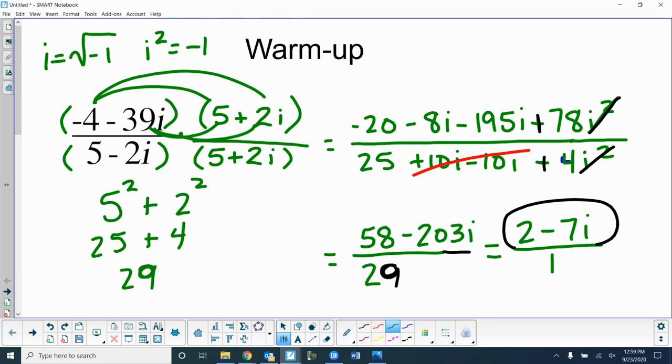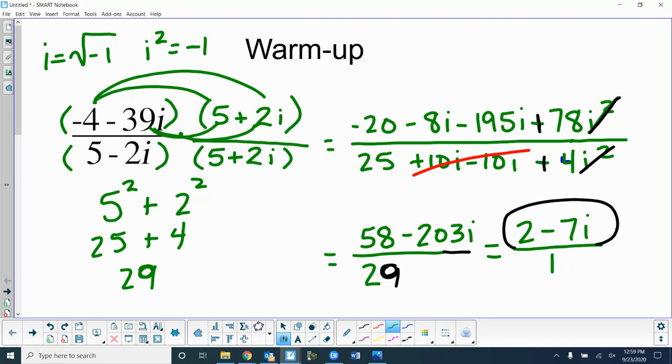So, answers to last night's assignment. Again, if you have a question, speak up, we'll go over it. Make sure you understand it. Number 39 is 3 minus 6i. Number 42 is 3 minus 4i over 5.